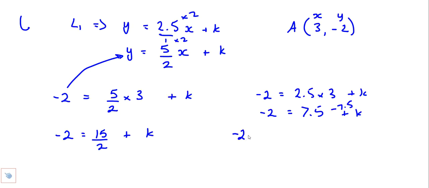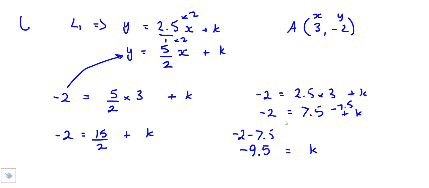So -2 subtract 7.5 is actually -9.5, and that equals your k value. Quite a few of you got it and then scribbled it out and added another minus into your equation because you didn't think it could be a minus, but it can be a minus, and you'd lose one of those marks. Is that okay so far?